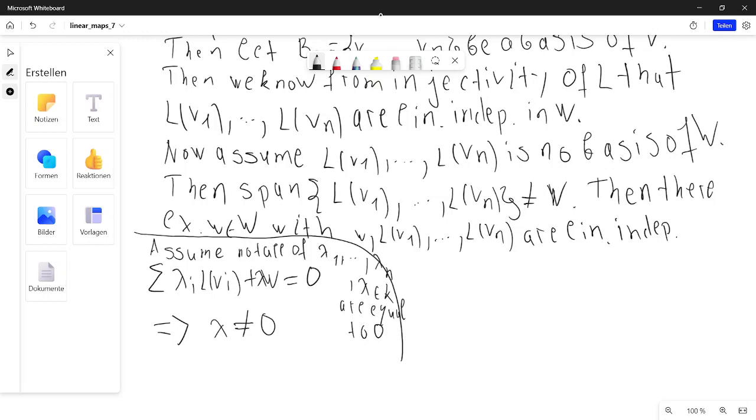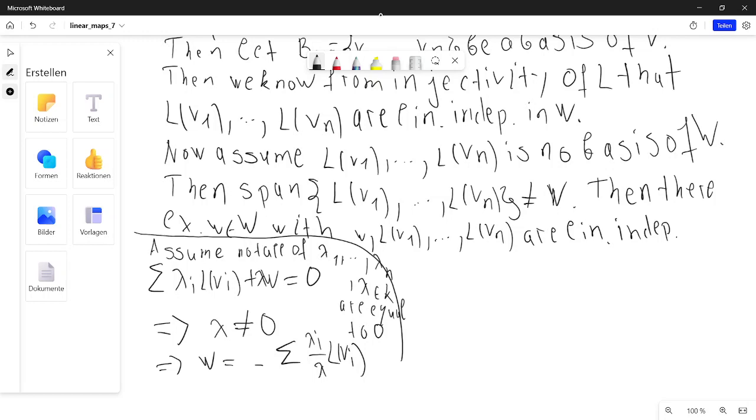So this lambda can't be 0, and that gives W equal to minus the sum of lambda i over lambda times L of Vi, which shows that W is in fact in the span of those vectors, right? That's by definition of the span. And so we have proved the contraposition. If the vectors are linearly dependent indeed, then W is in the span of those vectors, right?